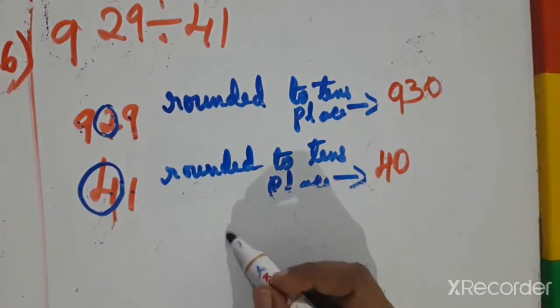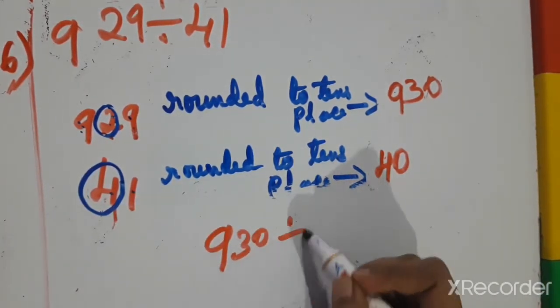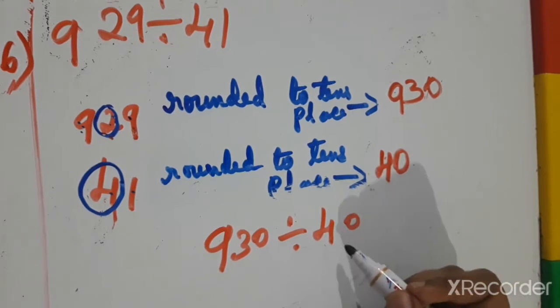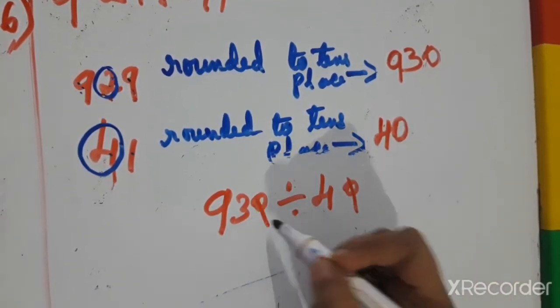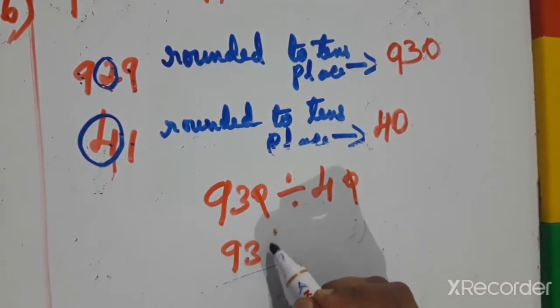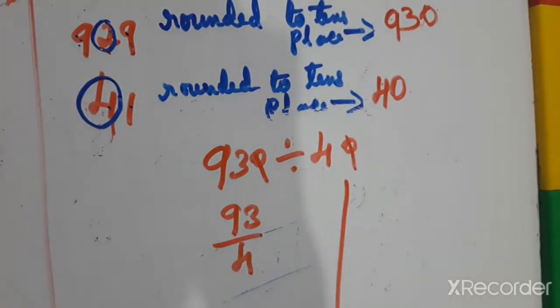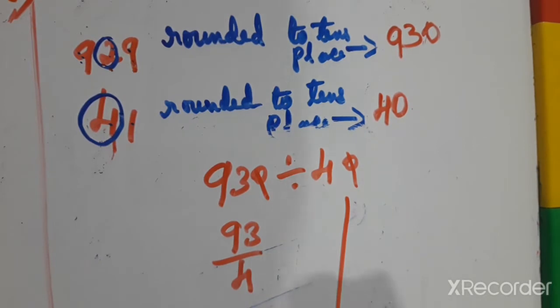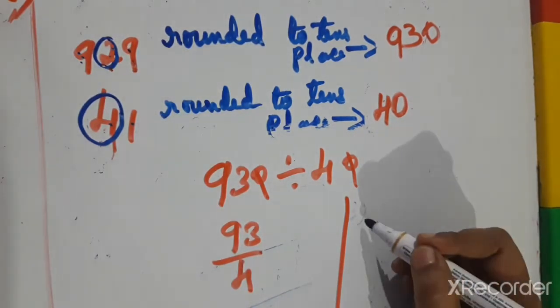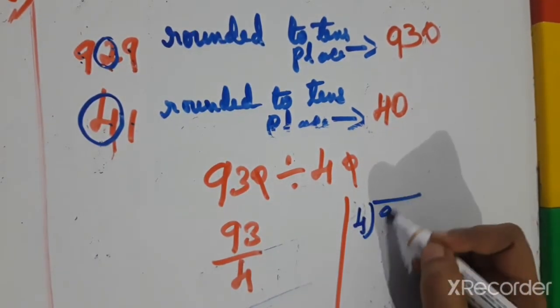Now the rounded number is 930 divided by 40. We can simplify here, reduce the value, 0, 0 cancel, and 93 divided by 4. 93 divided by 4 means we have to check the value. 93 divided by 4.